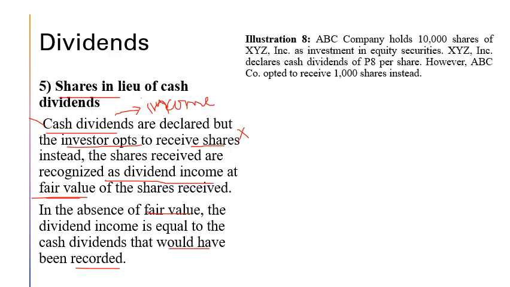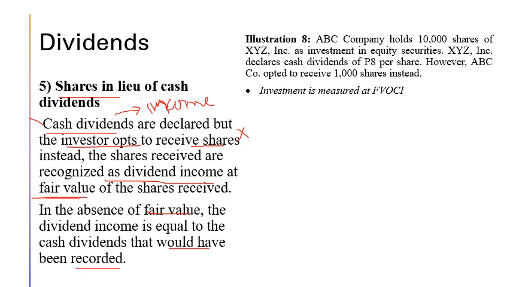So, for example, ABC Company holds 10,000 shares of XYZ as investment in equity securities. XYZ declares cash dividends of 8 pesos per share, but ABC chooses to receive 1,000 shares instead. What would be the entry?